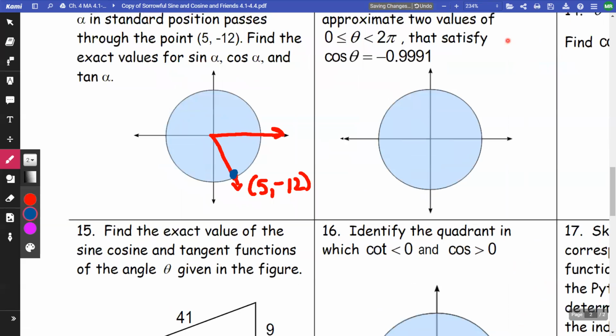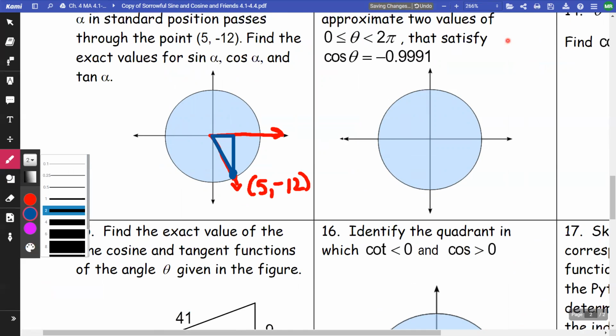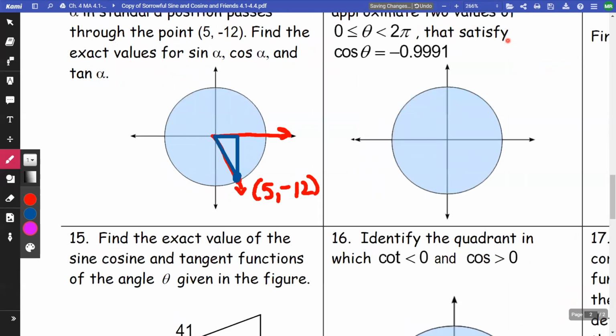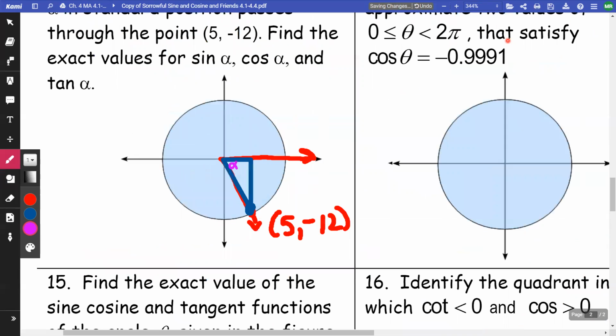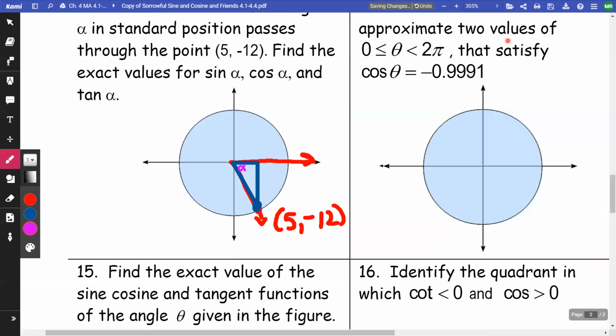So what I'm going to do is make a right triangle from here to here. I'm not drawing this to scale by any means. And so my angle theta, or alpha, is going to be here. And this is going to be 5, and this is going to be negative 12.